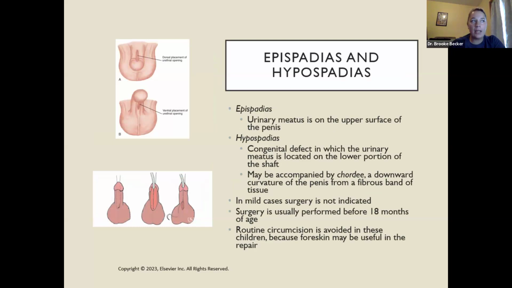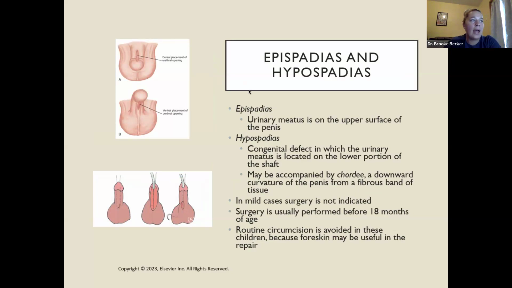Okay, epispadias and hypospadias. Epispadias is when your urinary meatus is on the upper side of the penis. So it's going to be on the dorsal side of the penis instead of at the tip of the penis.